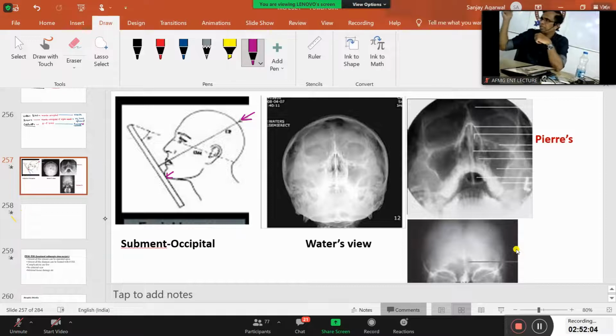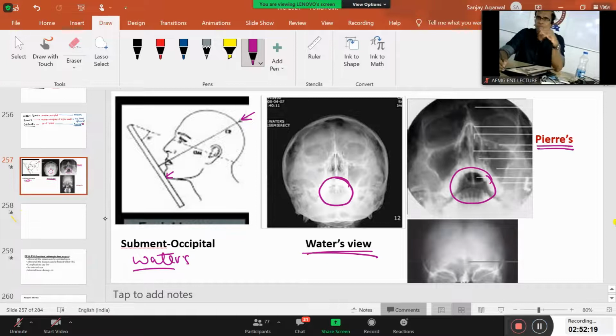But in this image, you can see the patient's mouth is kept closed. So this is Waters view being done. Waters view, जो देखने में ऐसा लगता है. And this is PRS view. Look at this. Mouth is kept open in the PRS view, and in Waters view the mouth is closed. So that's the difference between the two.